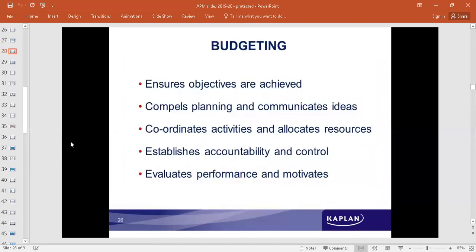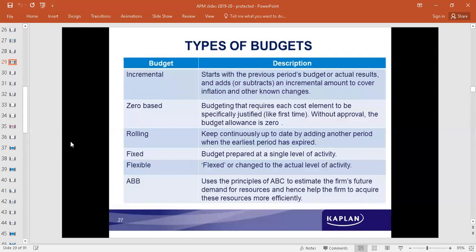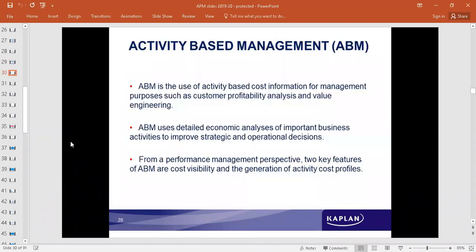Maybe an exclusive case study may not appear in the exam, but believe me, in the 50 marks case study especially, at least some part of it will touch upon the budgeting aspect. So one paragraph, one question, one small area of the answer will touch on budgeting. So be sure about how to answer that concept.